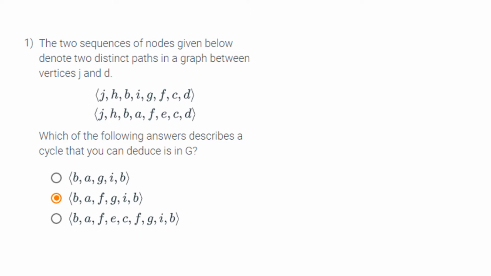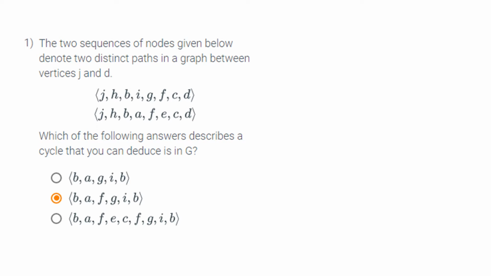So this problem says: the two sequences of nodes given below denote two distinct paths in a graph between vertices J and D. So right away they're saying we have two distinct paths. And since we're in a section where we're talking about trees, and we just said that trees don't have more than one unique path, that might be confusing to you.